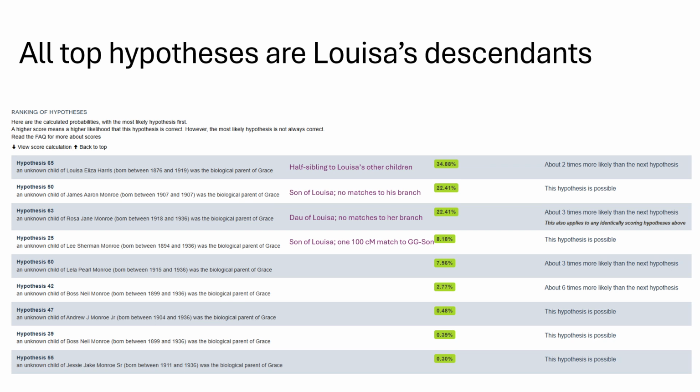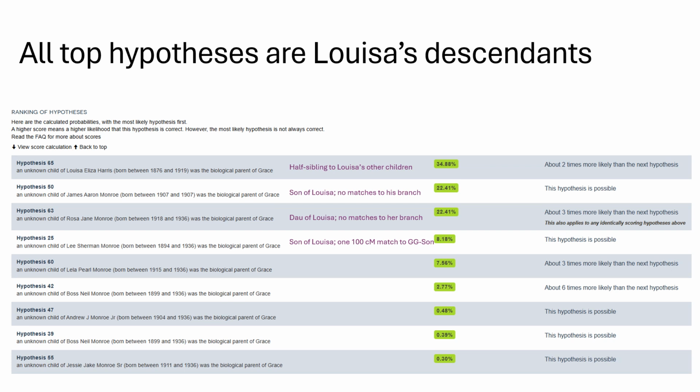This one has 8%, and it says that an unknown child of Lee Monroe was the biological parent of Grace. And this is another child of Louisa, and there is one DNA match to Lee's great-grandson that shares 100 centimorgans with Grace. So the higher scores mean a higher likelihood that that hypothesis is correct.